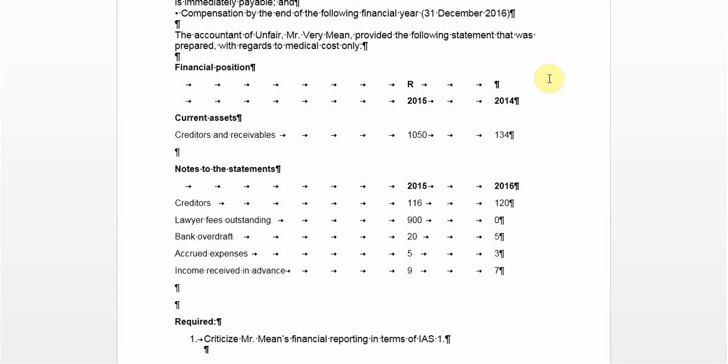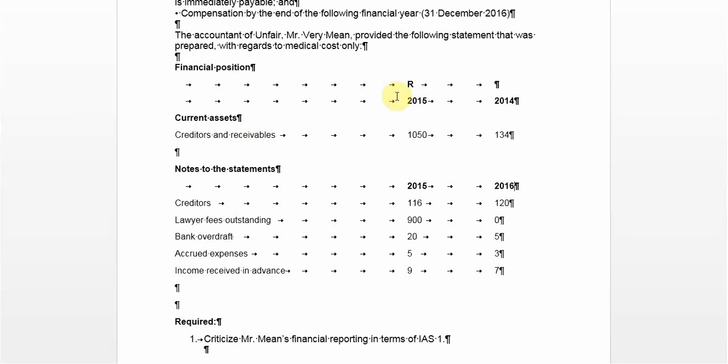So let's look at this layout. It starts with current assets, and then it says creditors and receivables. So this cannot be right, because if you have a medical cost, this is a liability. So it needs to be displayed under current liabilities, and it should be creditors and payables, not creditors and receivables.